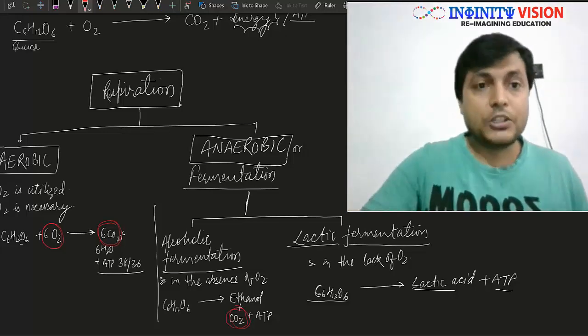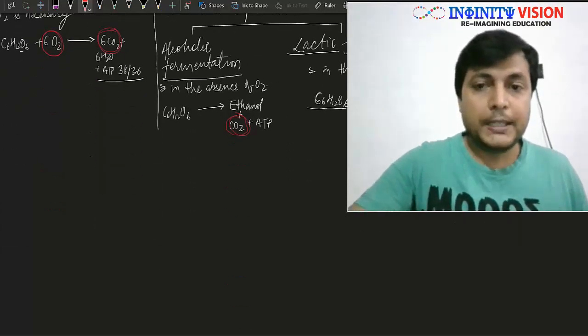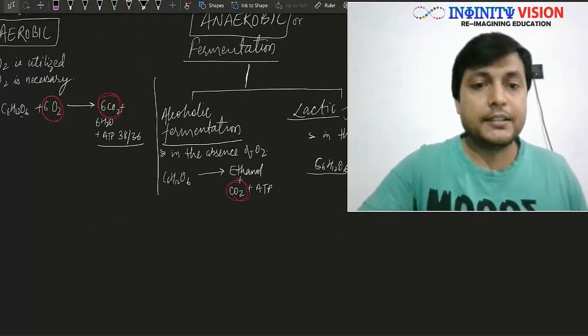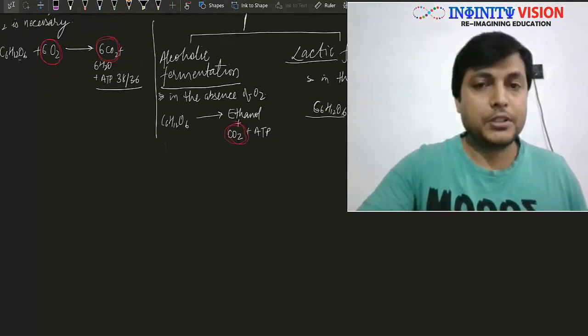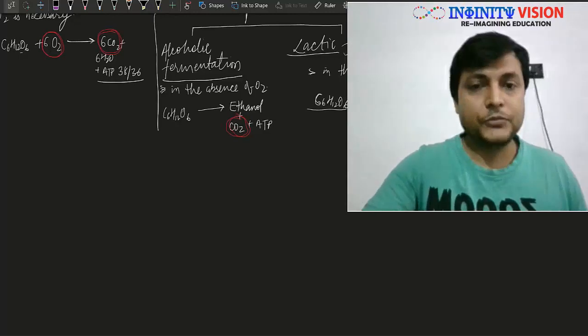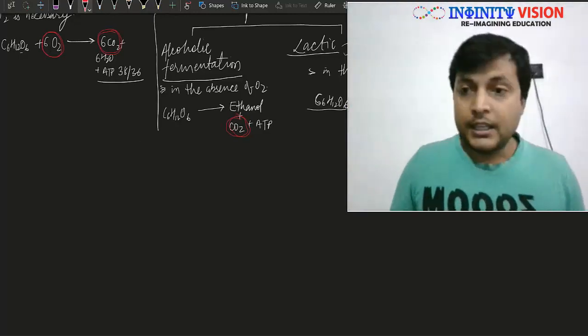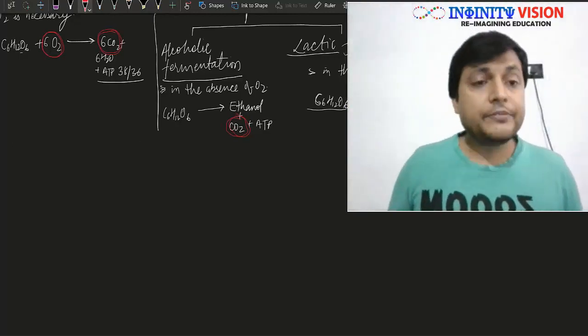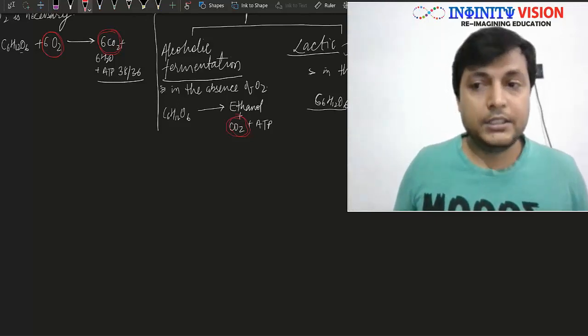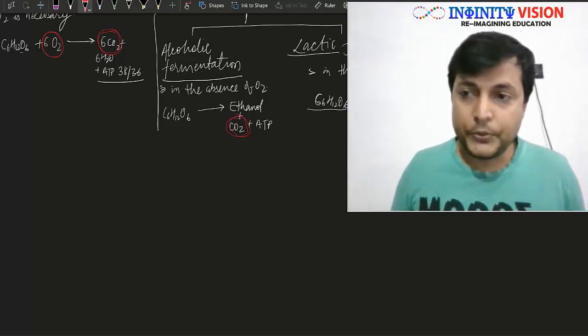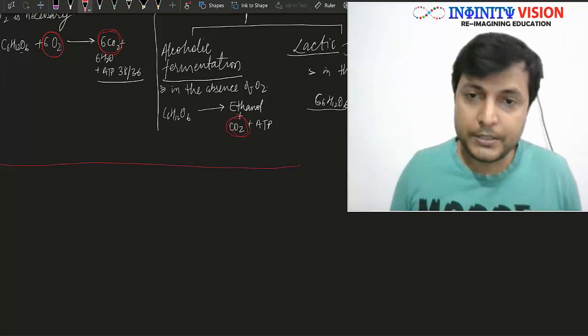So let us do an activity to see how we can detect this CO2 produced during respiration. These activities are also there in your NCERT book, so it is important for you, and that's why we are going to discuss it here.